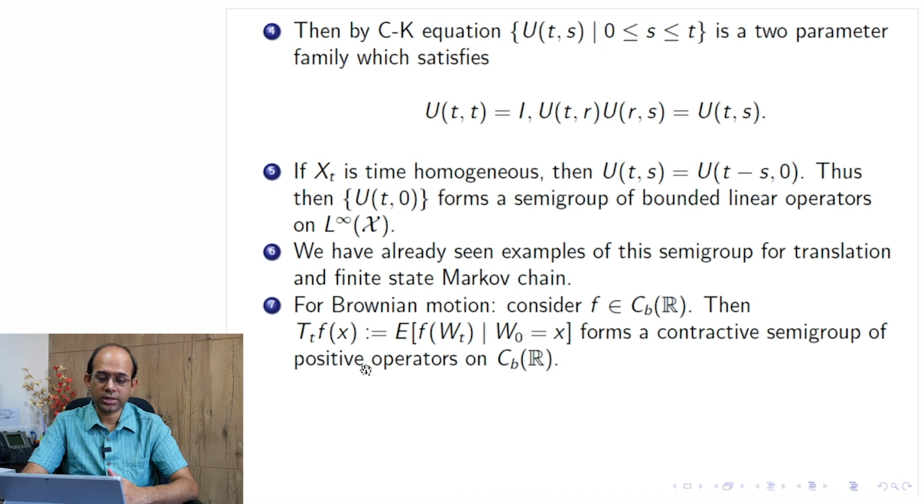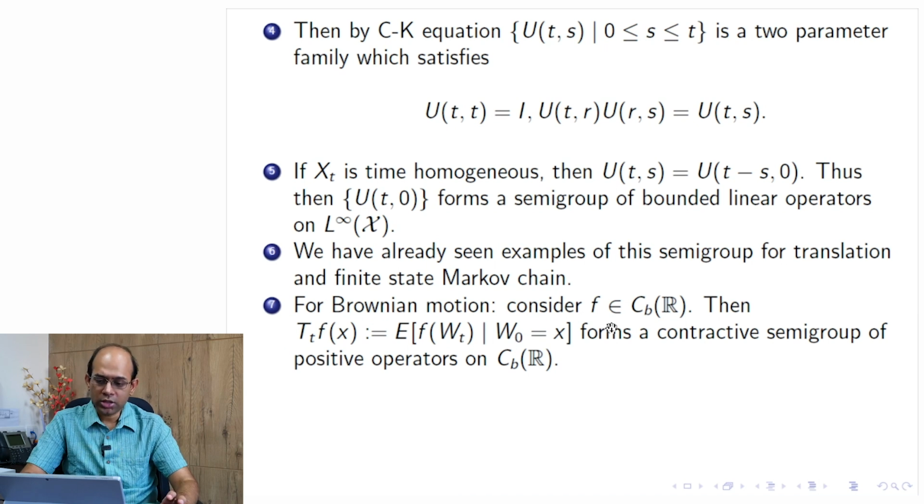So this is the operator T_t. Since I know that Brownian motion is a time homogeneous Markov process, I am not going to the two-parameter family directly. I'm starting with the one-parameter family, starting with 0 here, T_t.